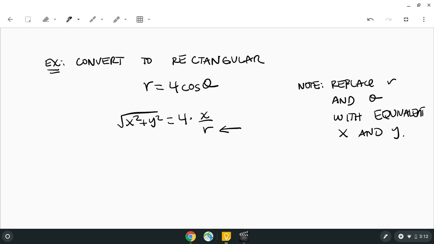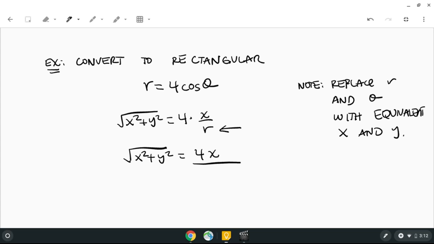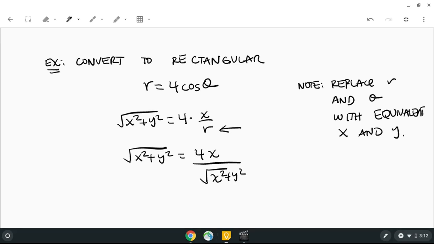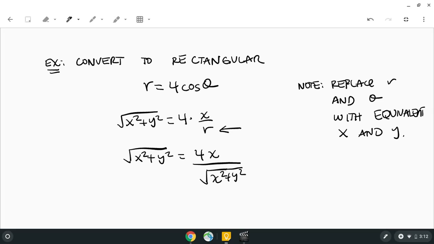So let's replace that r with the square root of x squared plus y squared. Okay, so I've replaced the r here, and we don't have any more r's or thetas, so we're actually good. This is actually pretty good.